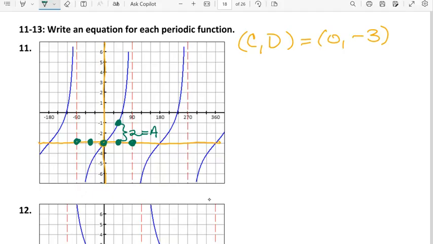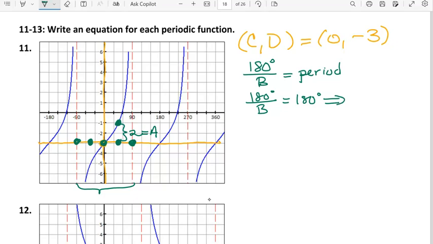And then we have to find one more thing, and that would be the B value. The B value is related to the period, and in a tangent function, 180 divided by B is equal to the period. And the period of this function is the length of one full cycle, which is 180. That's going to give us a B value of 1.